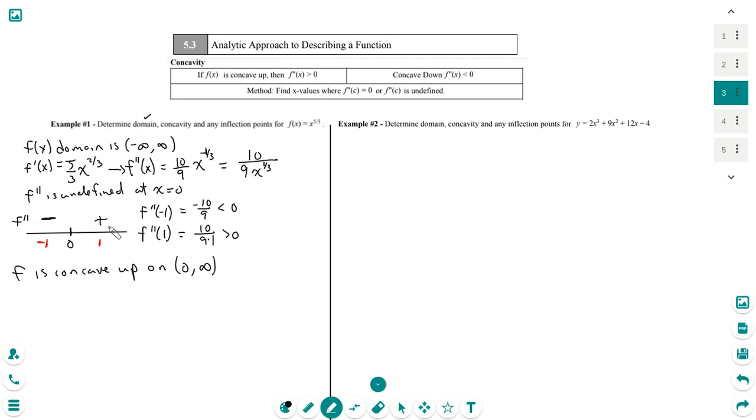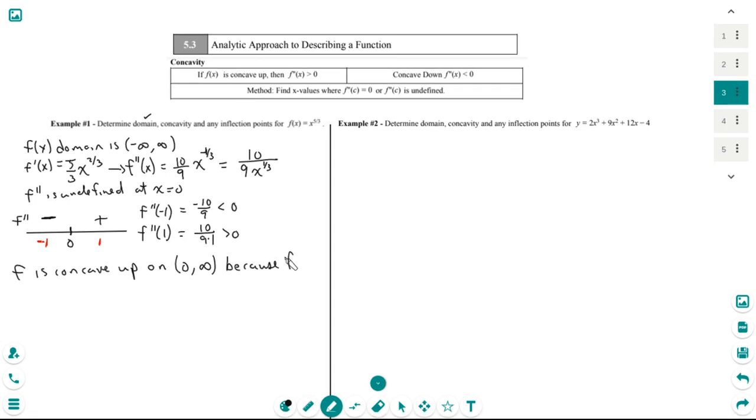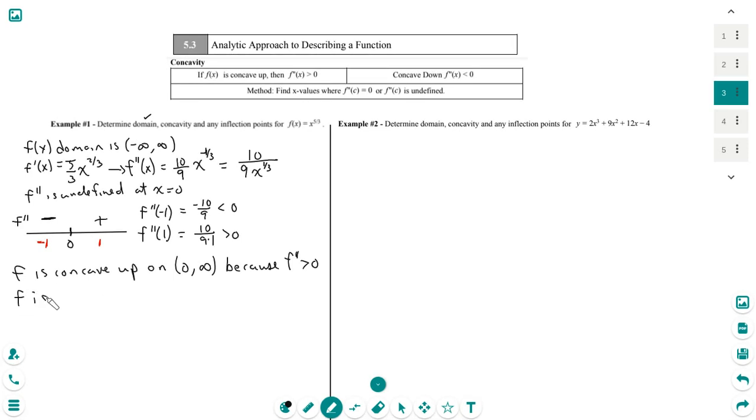So it's concave up because, and here's our reason right here, f is concave up when the second derivative is greater than 0 or positive. So we would say because f double prime is greater than 0. All right, let's state the other half.